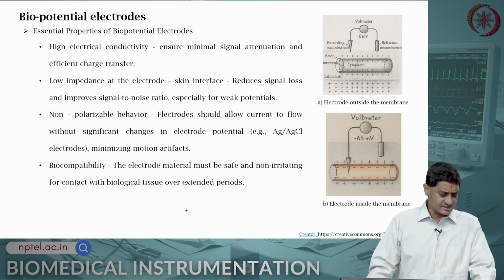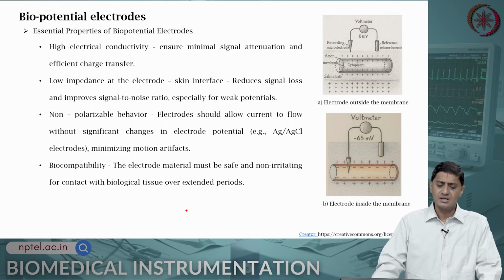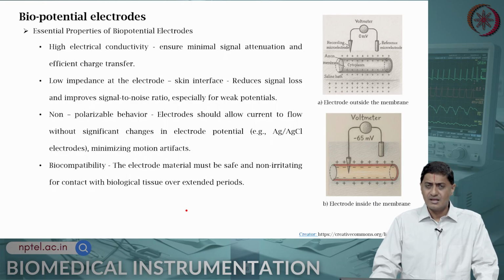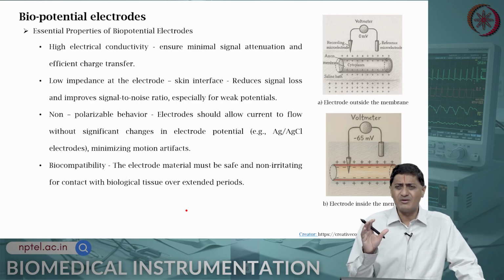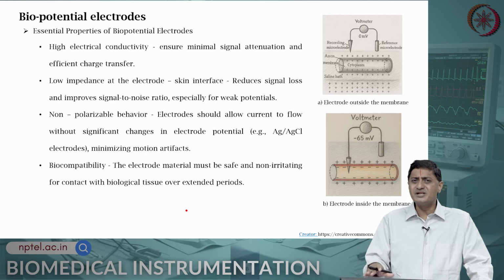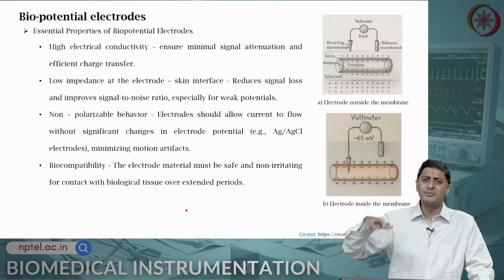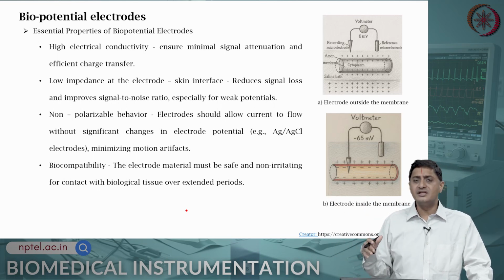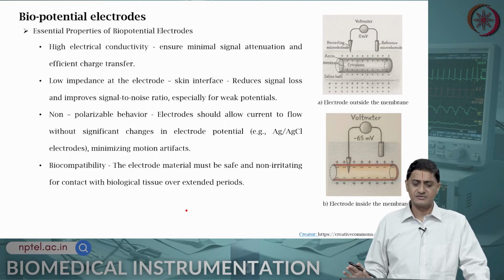What is your interest in a biopotential electrode? There must be minimal signal attenuation. I want a faithful representation of what is happening inside the cell to be represented in my voltmeter or oscilloscope or some recording system, maybe a DAQ, data acquisition system, and a computer.